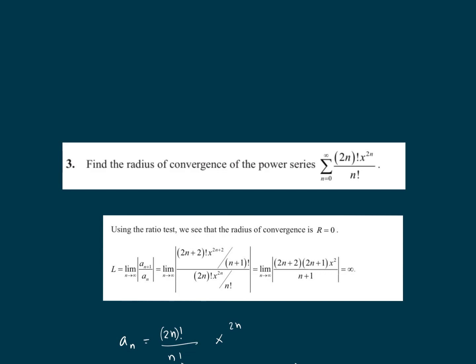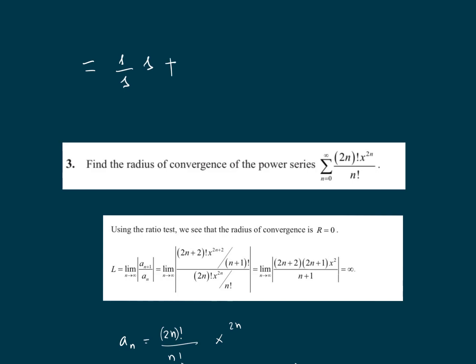When n equals 0, the first term will be 2 times 0, which is 0. 0 factorial is 1. So it will be 1 divided by 1. x to the 2n, x to the 0, is 1. So it's 1.